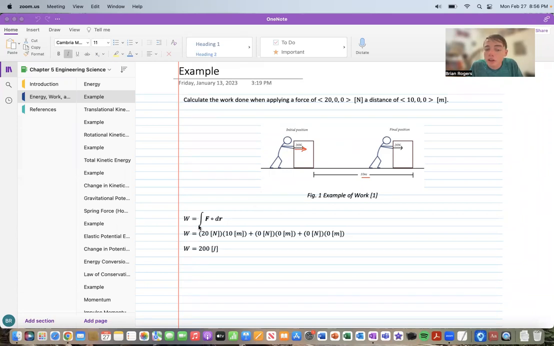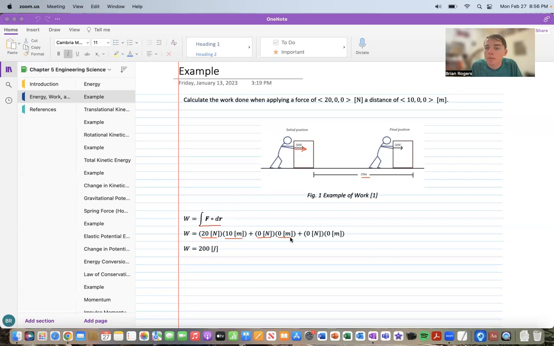And so using our equation for work, which is the dot product of force and the displacement vector, we're going to have in the x direction 20 newtons. That's going to move 10 meters along the x-axis. And then for our other components, the y component of the force is 0. The y component of the displacement is 0.